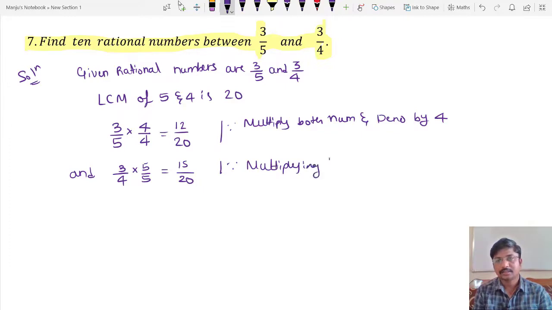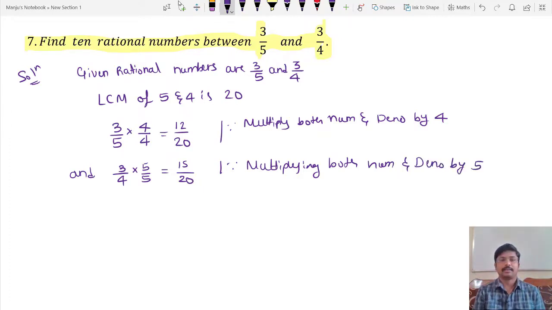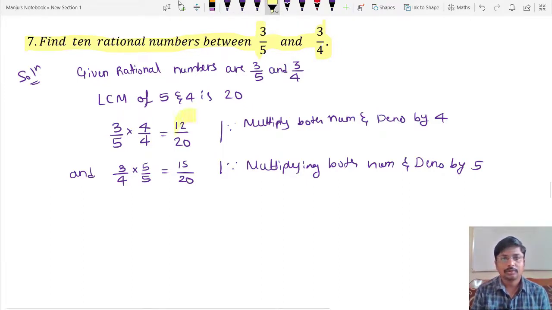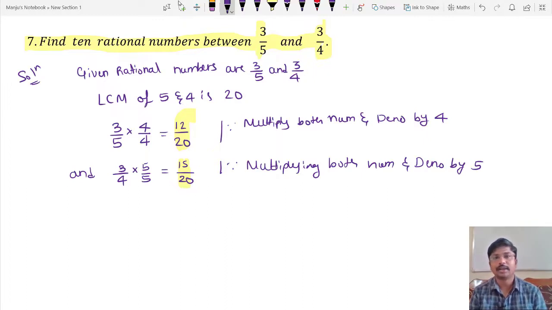Multiplying both numerator and denominator by 5. Now in between 12 by 20 and 15 by 20, how many rational numbers are we getting? We are getting only 2 rational numbers, that is 13 by 20 and 14 by 20.